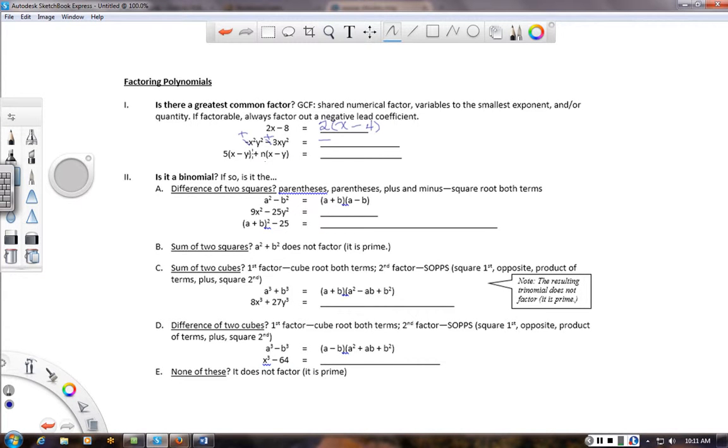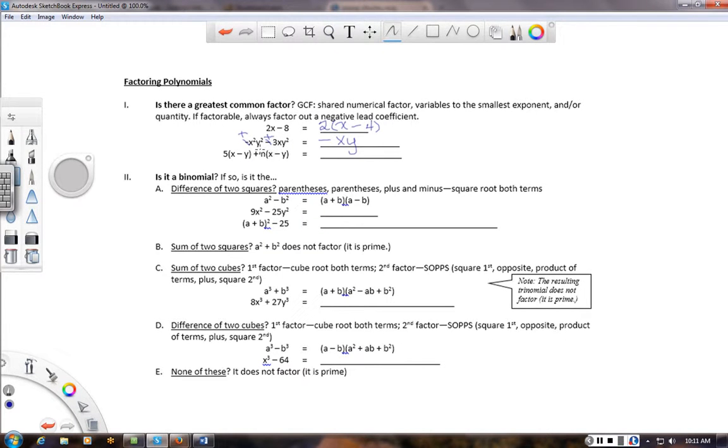Now I'm looking at numerical shared factors, of which there is none, and shared variables with the smallest exponent. So we see that there is an x that is shared and a y that is shared. My smallest exponent on the x squared, x to the first, is a 1.